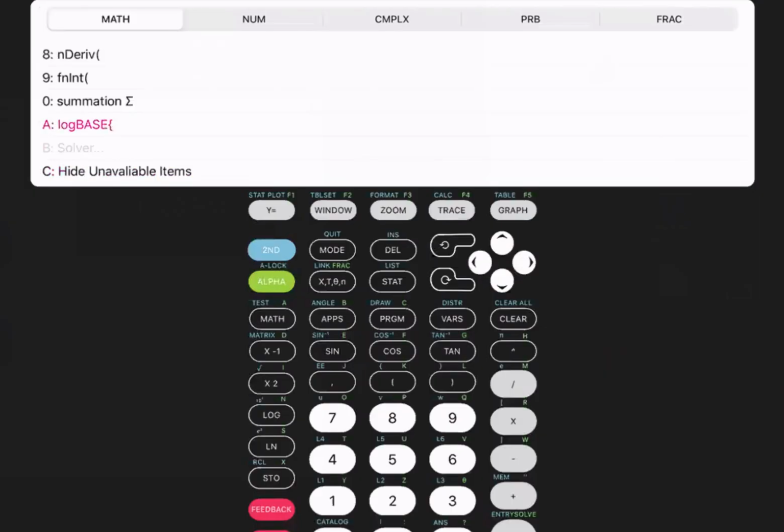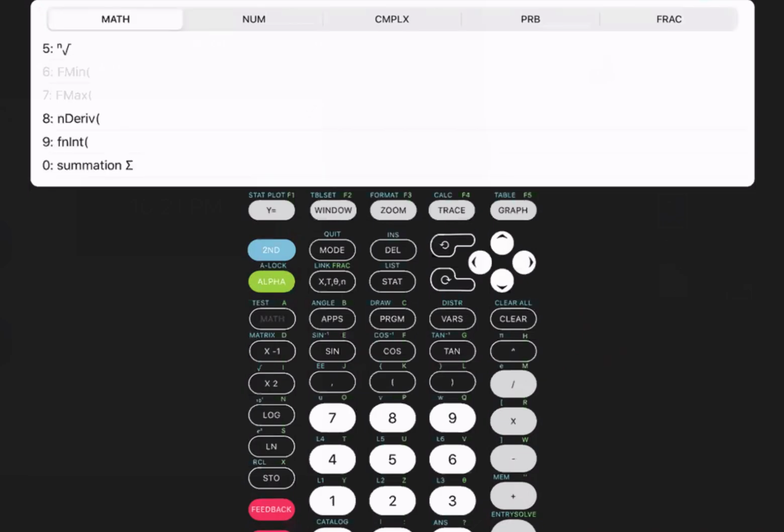Now if I look at the fourth one down, it only has the 3. But if I look at the fifth one down on this calculator app, it says N root. If you have a TI calculator, it might say X root. Either way, number 5 is the one that you want to choose.